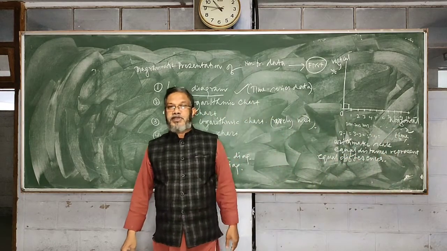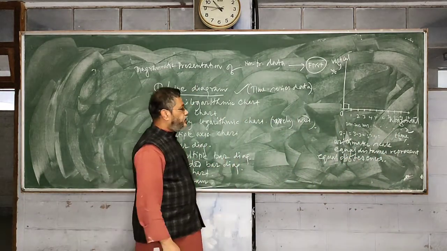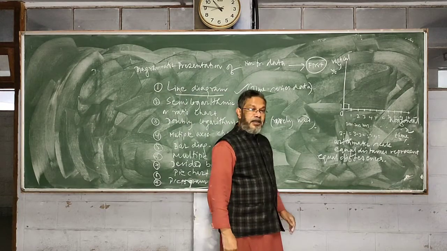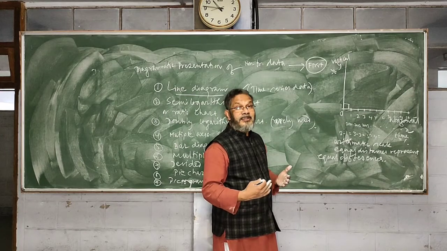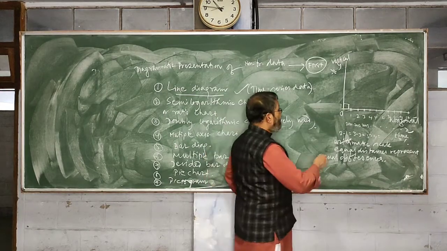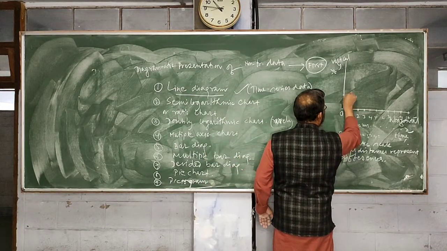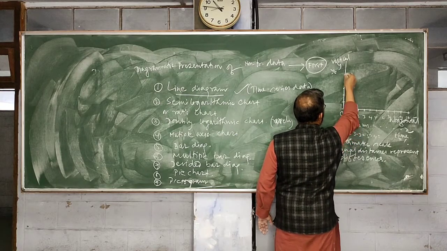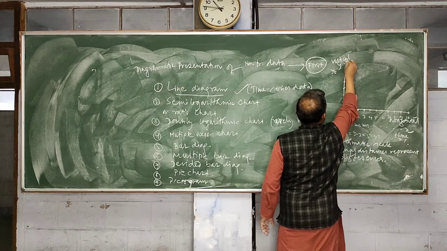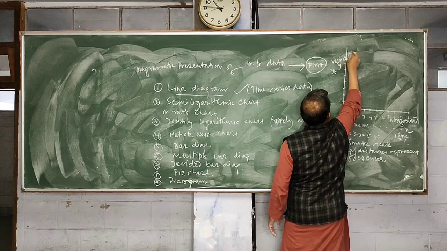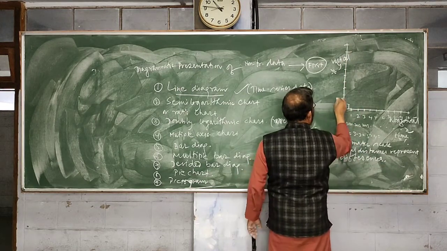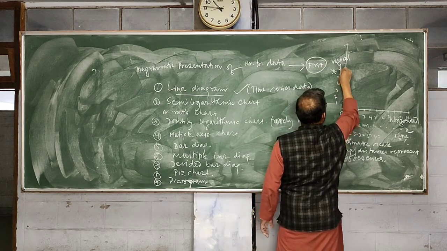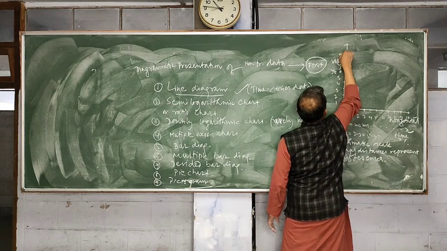Equal distances represent equal differences. Okay, this is the meaning of arithmetic scale. Similarly, here on the vertical axis 1, 2, 3, 4, 5, 6, 7, 8, 9, 10.